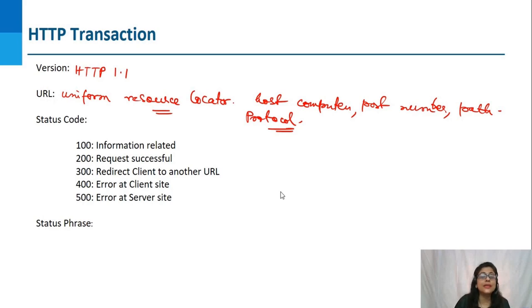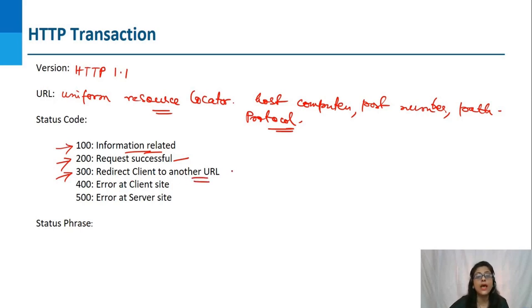Now there is a status code which defines the meaning of the response. If the status code is in the range of 100, then it is mainly information related. If it gives 200, that means the request has been successful and the response has been given from the server to the client. If it is in the range of 300s, it means redirection of the client to another URL.